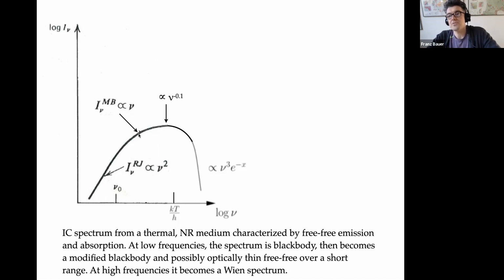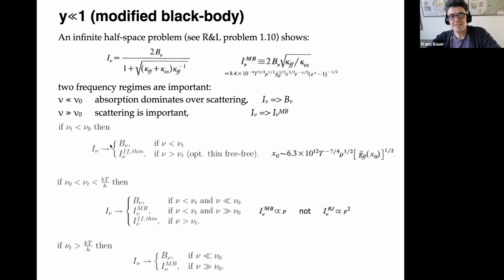It's only a factor of 2, which is what makes this go from a nu squared to a nu, more or less, right? And so it just stretches out the spectrum a bit. And then we don't really have a regime which is optically thin. And this really all depends on exactly the details of where these frequencies fall.